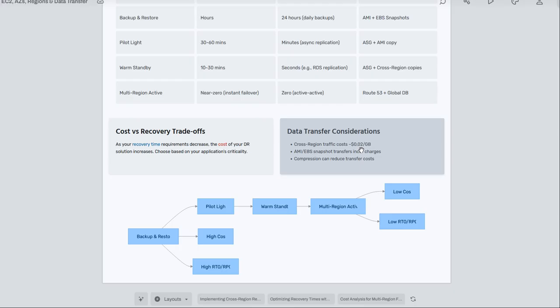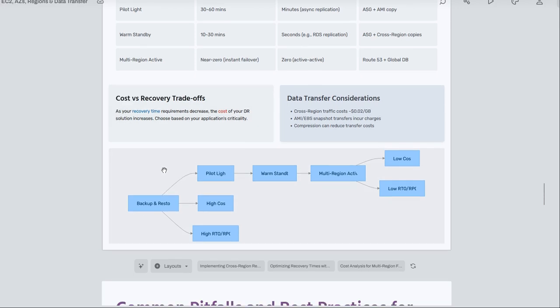And AMI and EBS snapshot transfers incur charges as well. Compression can reduce transfer cost, so we can use compression.